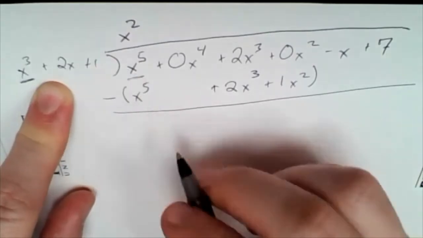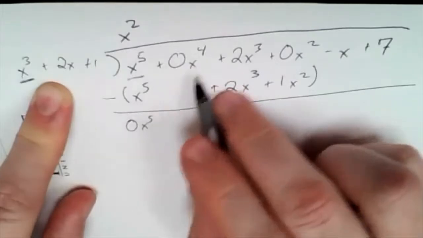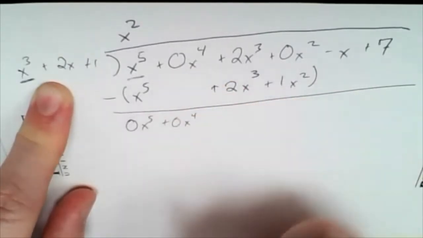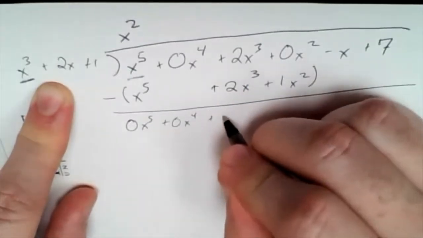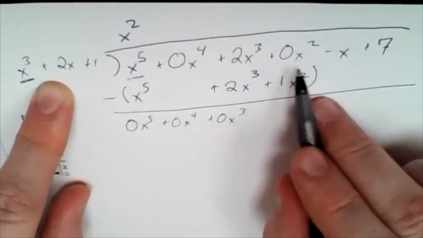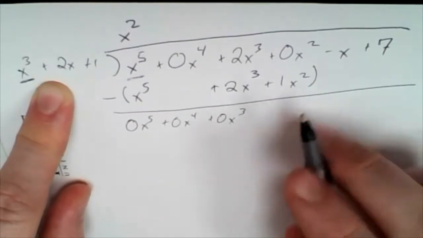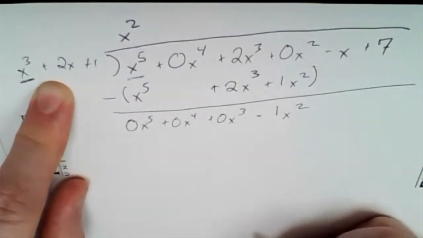X to the fifth, take away x to the fifth is 0x to the fifth. That's nice. 0x to the fourth minus nothing is still 0x to the fourth. 2x cubed minus 2x cubed is going to be 0x cubed. That's looking very nice here. And now 0x squared, take away 1x squared is going to give me minus 1x squared.